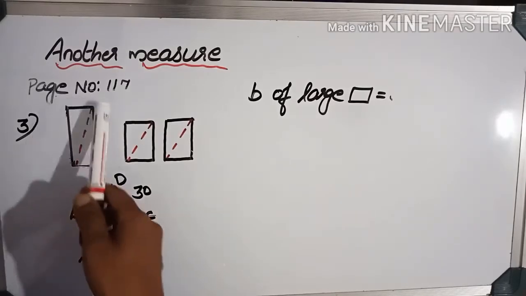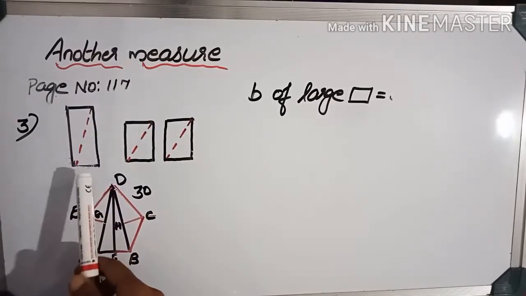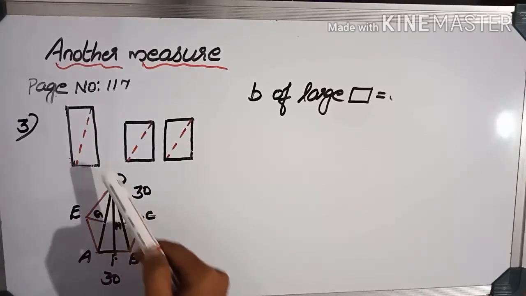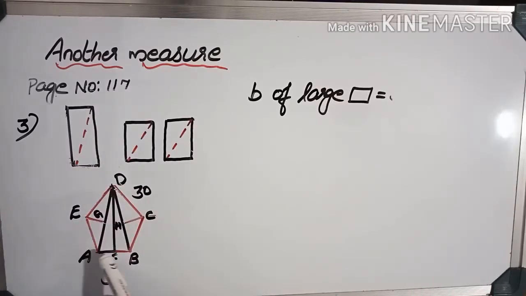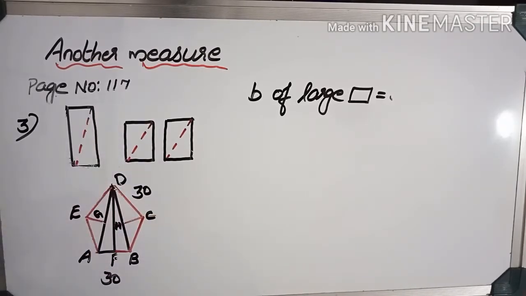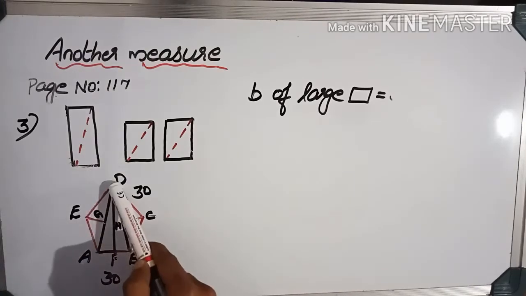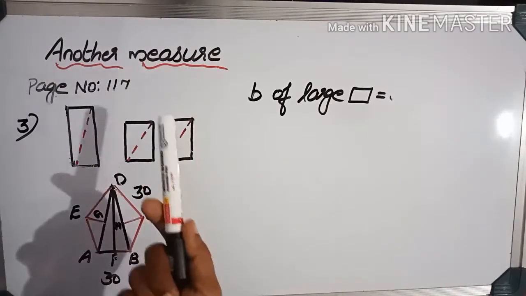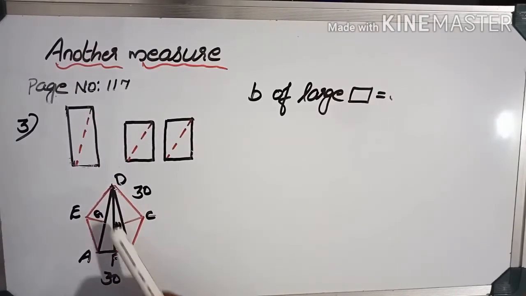Here when you check the larger rectangle, you can see that this half portion is the same as DAF. Next the portion DFB, the second portion, is just flipped and joined here. Now A to B total measurement is 30.